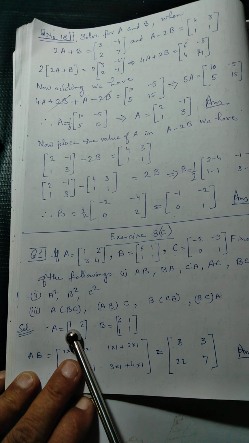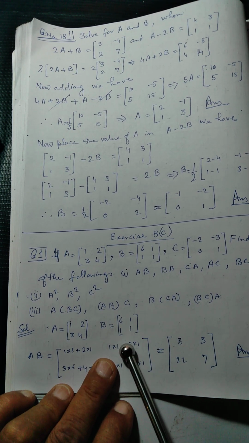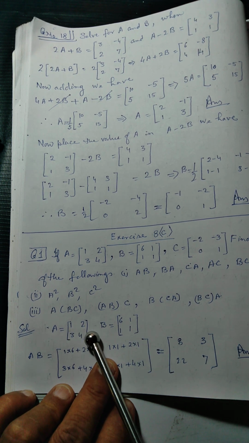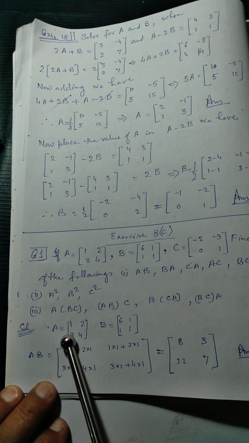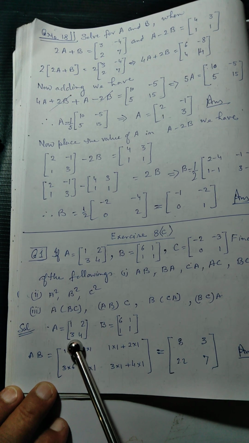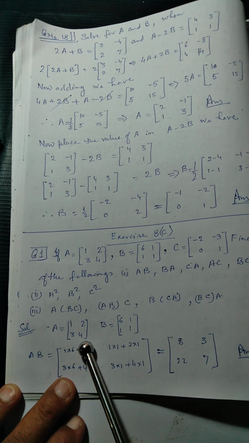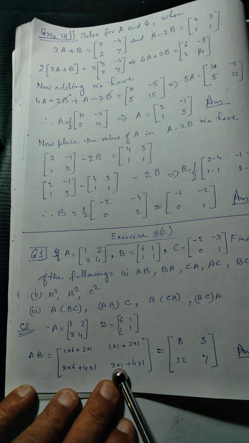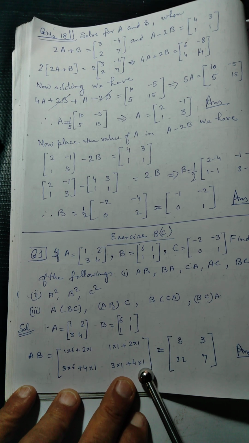Now this first row will again be multiplied to the second column, that is 1 will be multiplied to 1, 2 will be multiplied to 1. Now the second row of A, 3 will be multiplied to 6 and 4 will be multiplied to 1. Now the next element will be 3 into 1 plus 4 into 1.